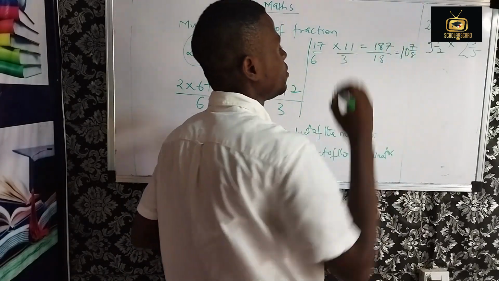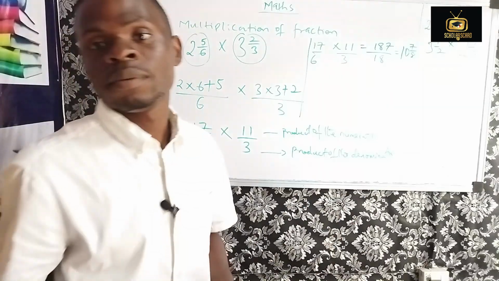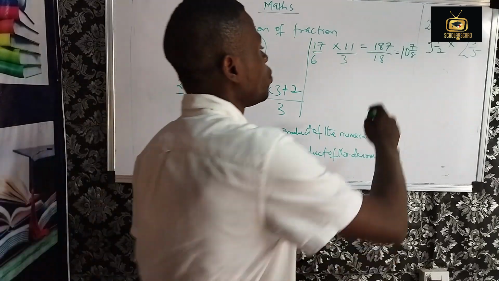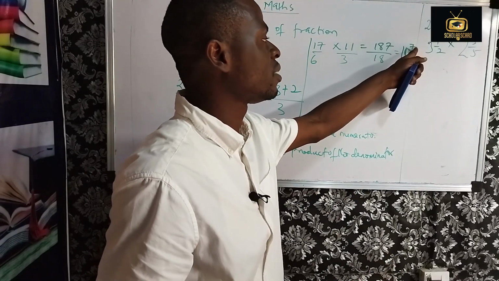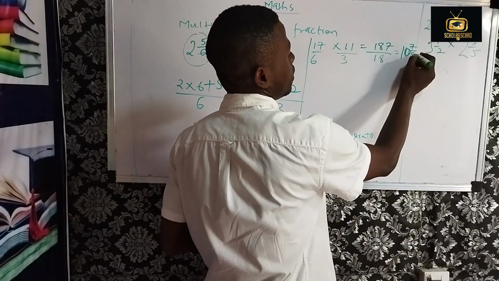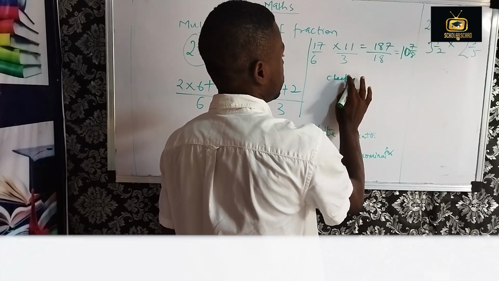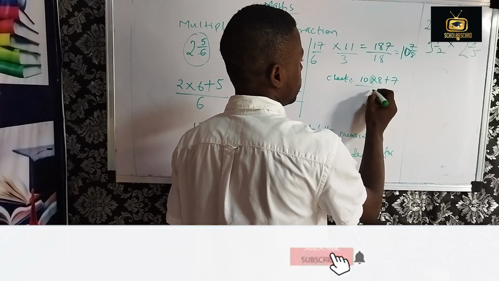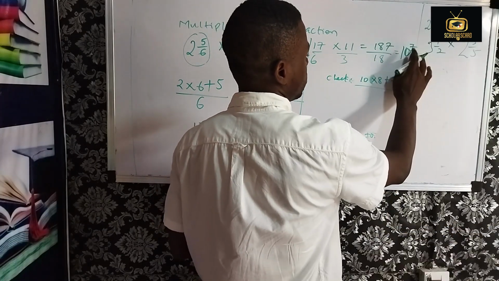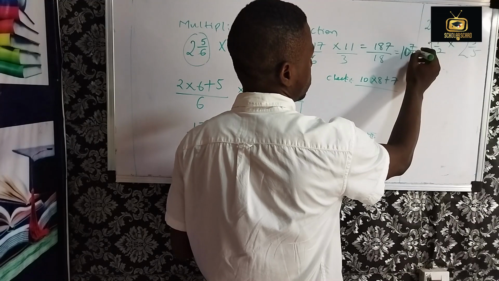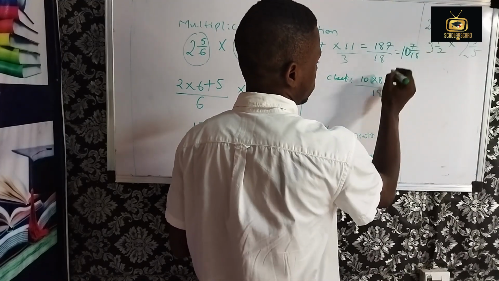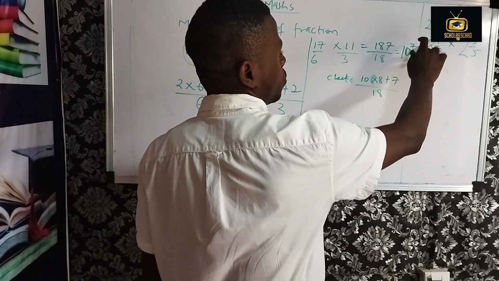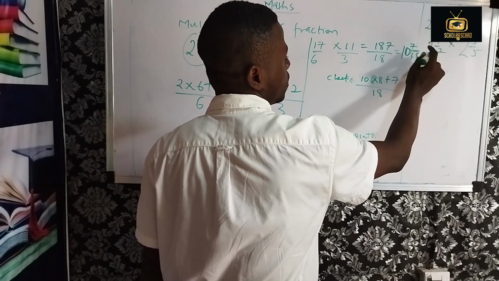So the remainder is 7 over 18. Sorry, the denominator is 18 here.